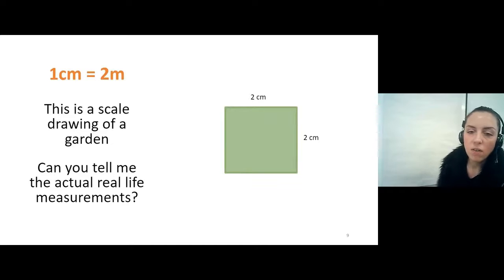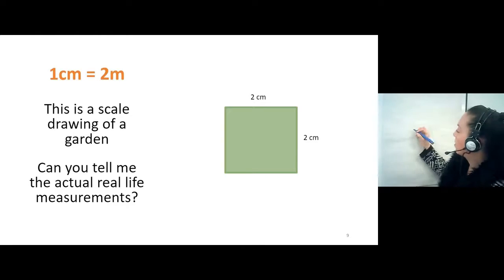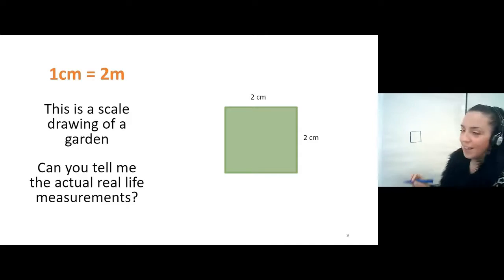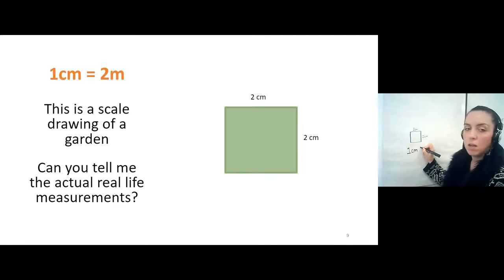So this is a scale drawing of a garden. Can you tell me the actual real life measurements? I haven't got a green pen, so I'm going to have a scale drawing of a pond instead. So we've got measurements of 2 centimetres by 2 centimetres, and the scale is for every 1 centimetre is equal to 2 metres.